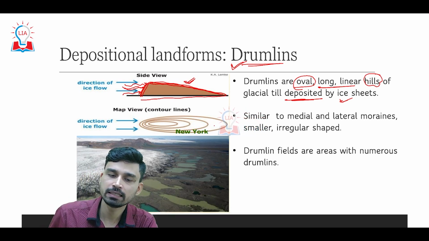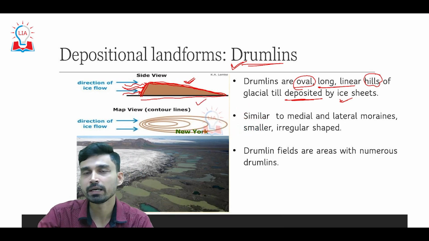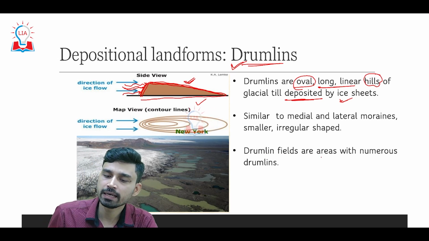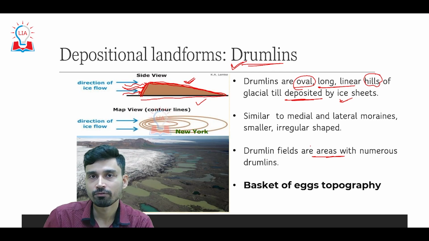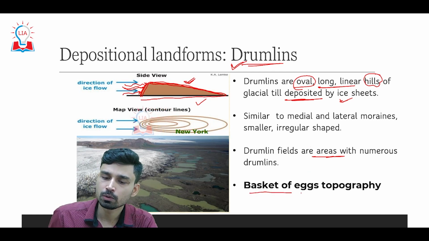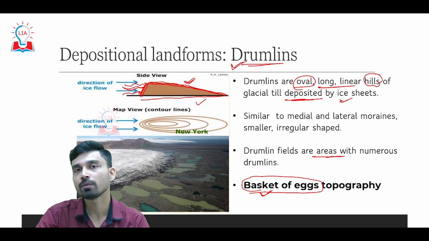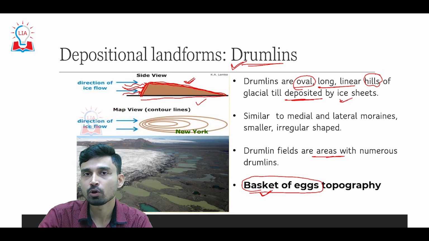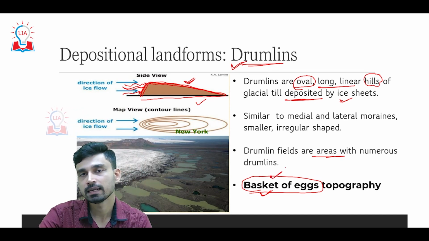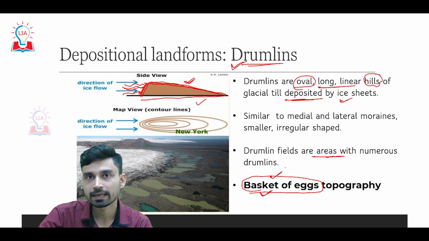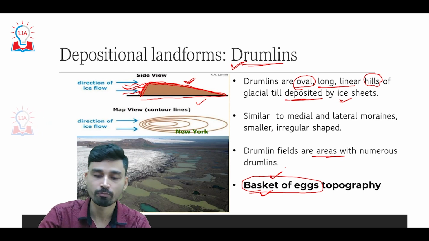Drumlins are basically not found as separate structures, but drumlin areas are filled with numerous such drumlins, and since a large number of drumlins can be found in the same region, the overall topography is called basket of eggs topography. If you look from the top, due to the oval and elongated shape of the drumlins, they look like eggs, and since there are a large number of drumlins, it looks like an arrangement in the form of a basket of eggs.